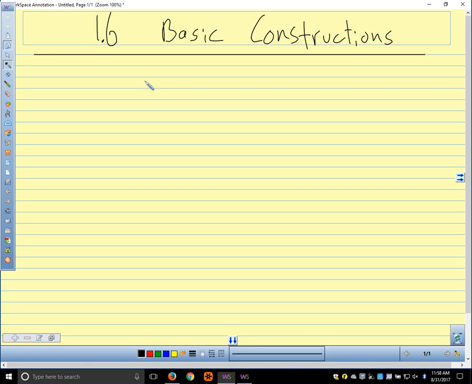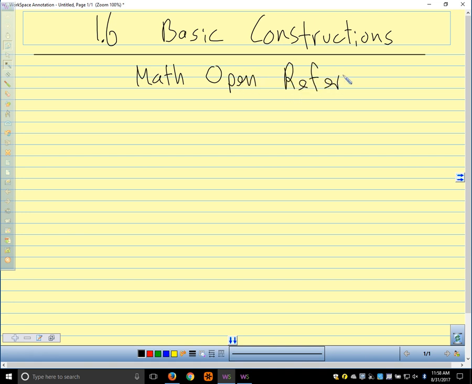There's also a website called Math Open Reference, which gives animations of these constructions. So if you want to look at that. And also if you search on YouTube, there are a ton of people that demonstrate these constructions.